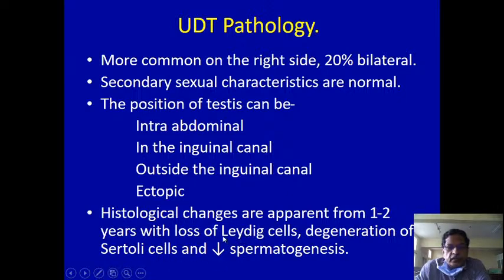Leydig cells function in producing testosterone, and the Sertoli cells' function is to support nutritionally the developing spermatogonia. So both these cells will degenerate, starting from the first year of the baby onwards. So this is a very important thing that you have to remember.